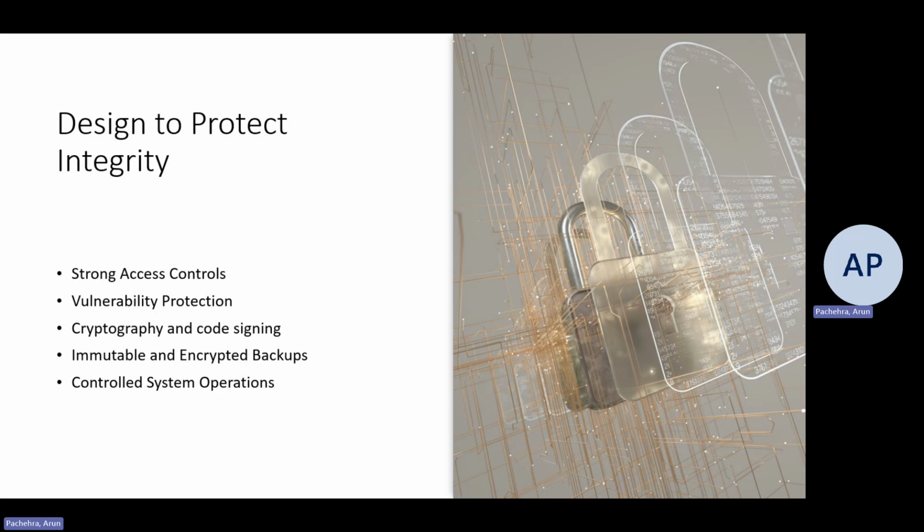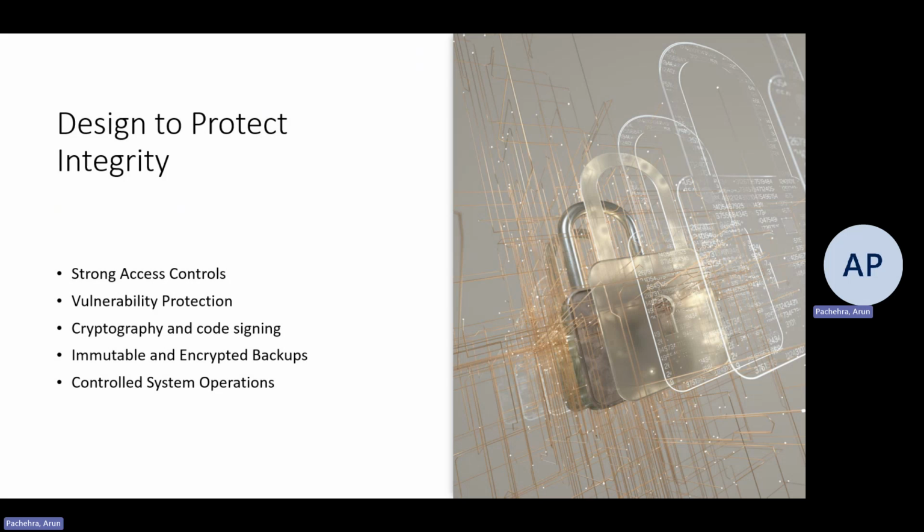So you've got to have strong access control, a robust authentication and authorization system in place. Well, we're talking about Azure, then of course Azure Active Directory can help you build that, and utilize RBAC solutions through PIM, Privileged Identity Management, with just-in-time and just-enough administration. By controlling who can access and modify the system, you reduce the risk of unauthorized changes, ensuring data remains consistent and trustworthy, maintaining the integrity.